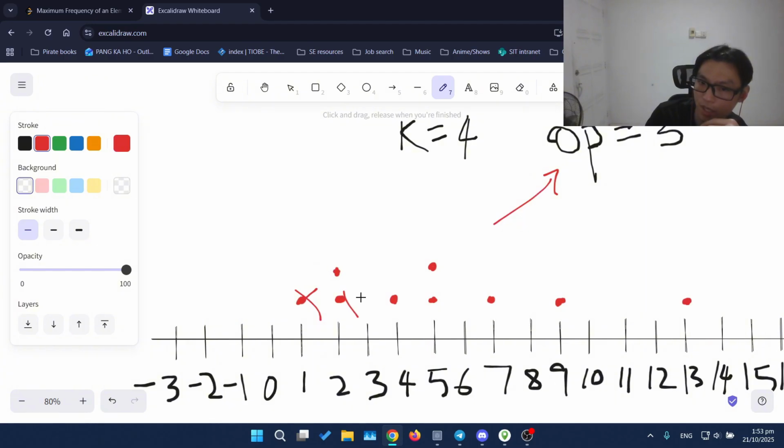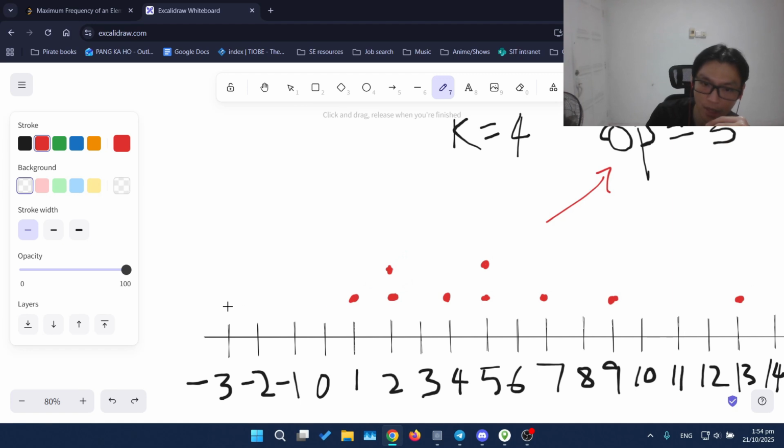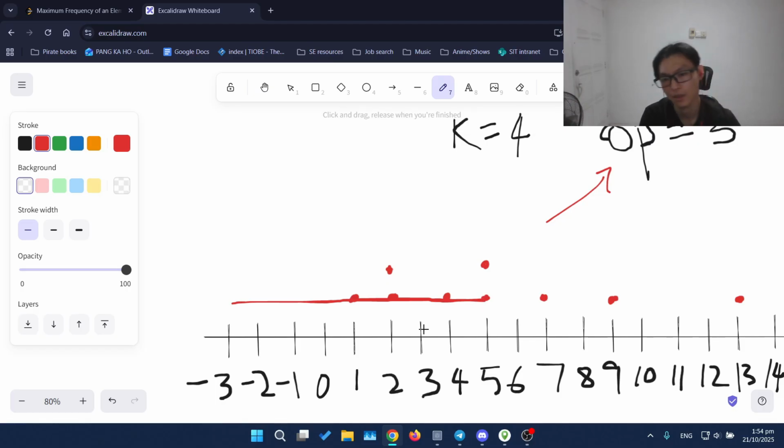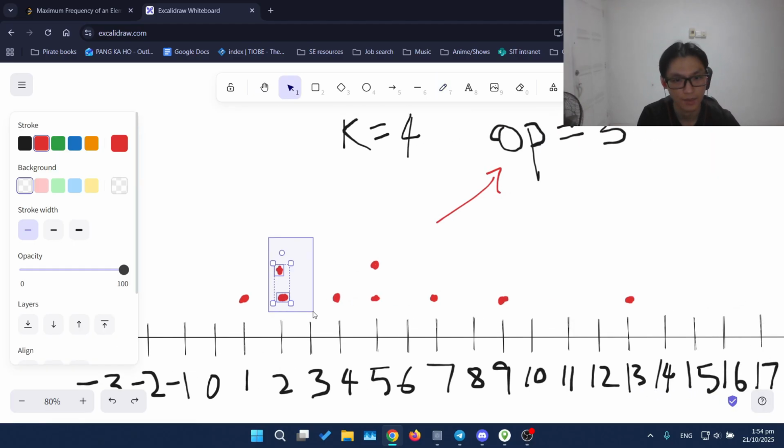Do we drop this as we go? Maybe. So we say, okay, we can extend the range of this particular element in this case. Don't really have a good way of drawing it.